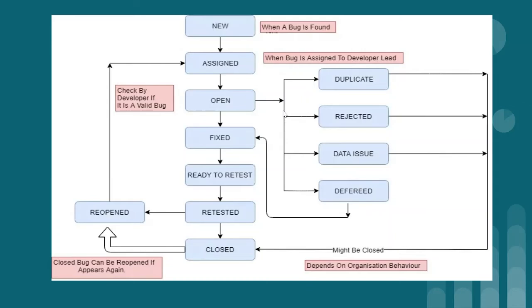Or he will see the defect and say no, this is not the requirement; what we have built is correct, so he will reject the defect. Then it can be a data issue.